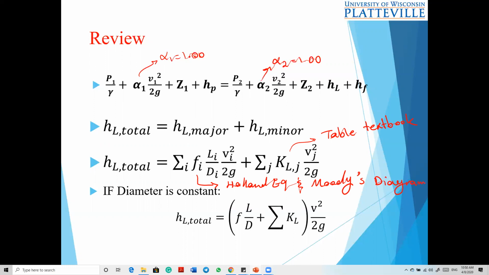All right. If the diameter is the same, we can factor the velocity head and then write the total head loss. All right. So that's all we learned so far for internal flow.